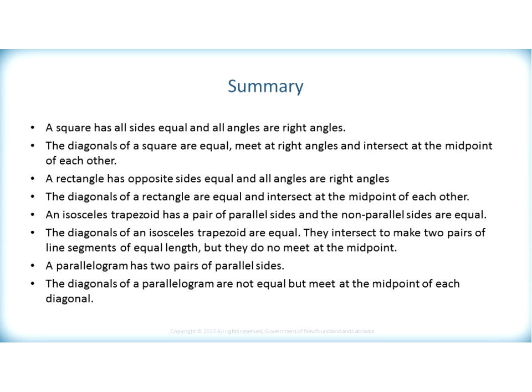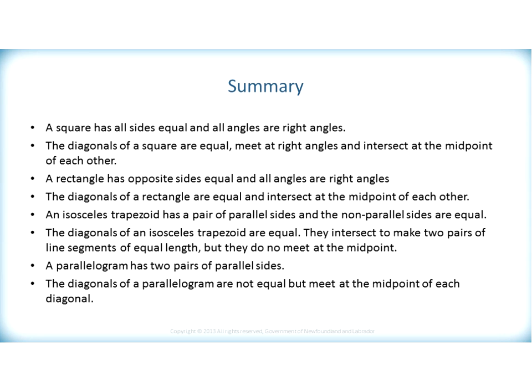Okay, so I'm going to summarize this. For each individual shape, we're going to look at the properties. For a square, all sides are equal, and all angles are right angles or 90-degree angles. The diagonals of a square are equal, they meet at right angles, and they intersect at the midpoint of each other. A rectangle, on the other hand, has opposite sides equal, and all angles are right angles.